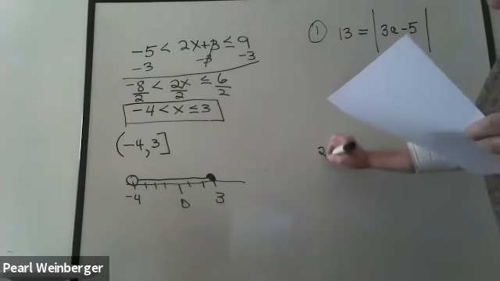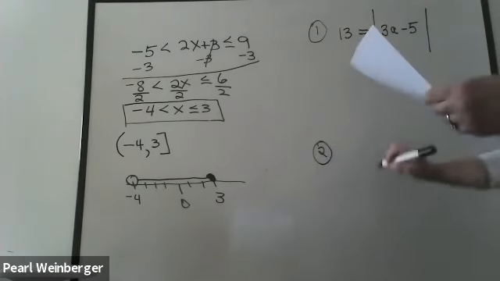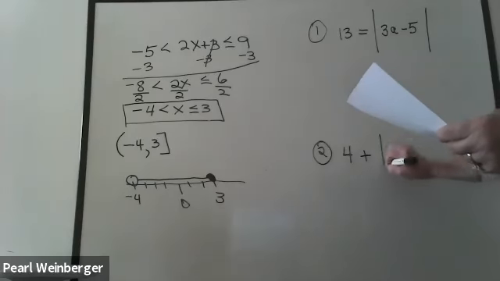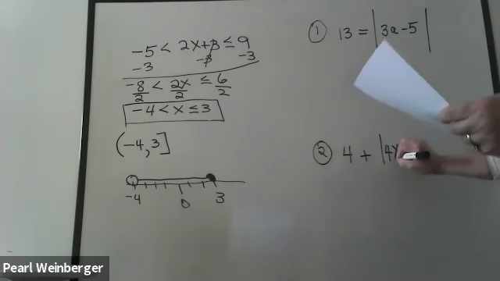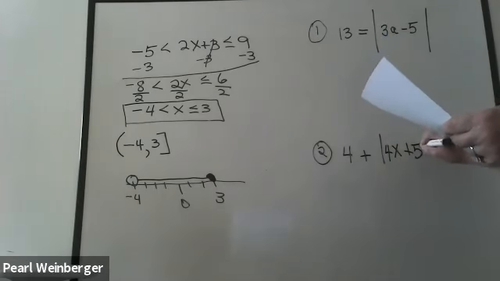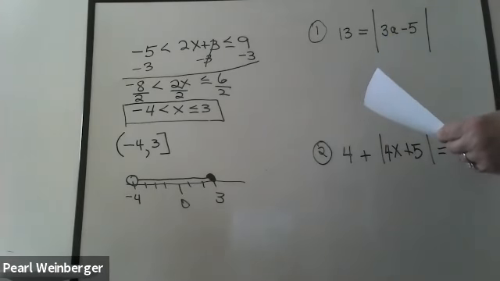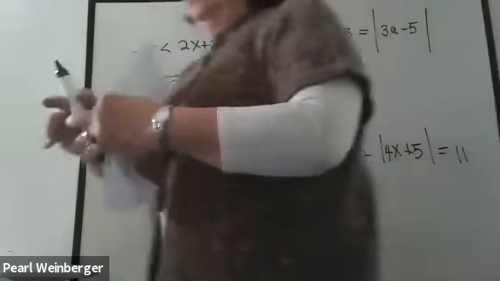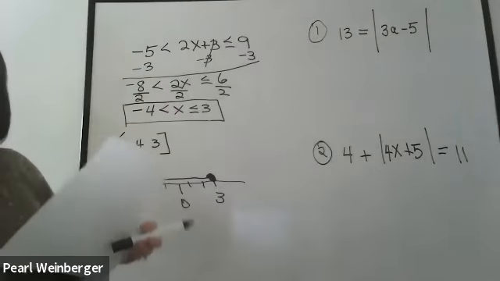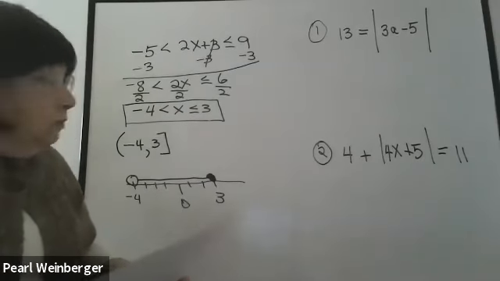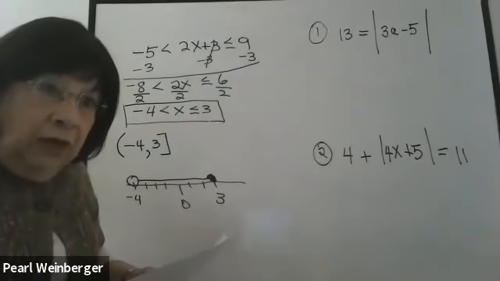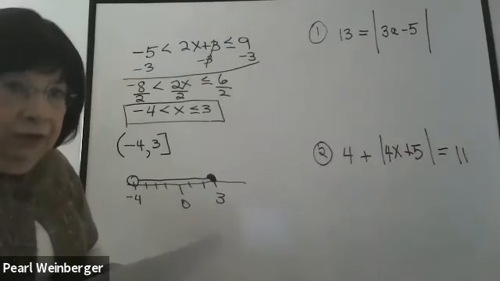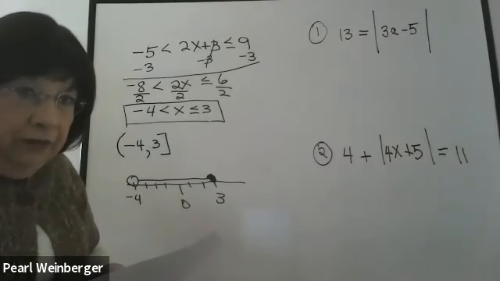And the second one is 4 plus 4 absolute value 4x plus 5 equals 11. I'm going to give you a few minutes to work these out, and then we'll talk about how to put the answers properly on Delta Math.